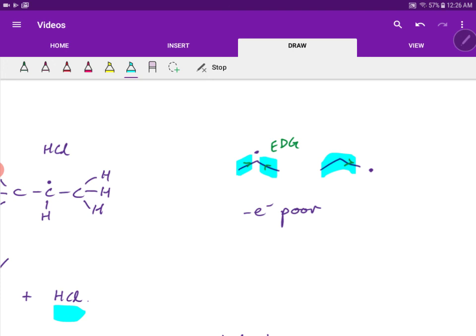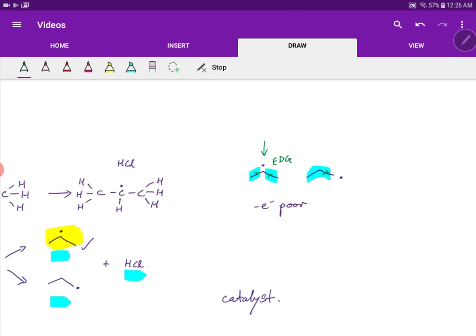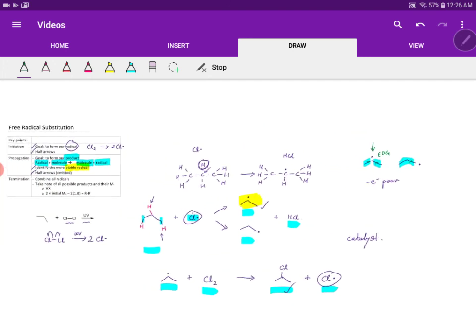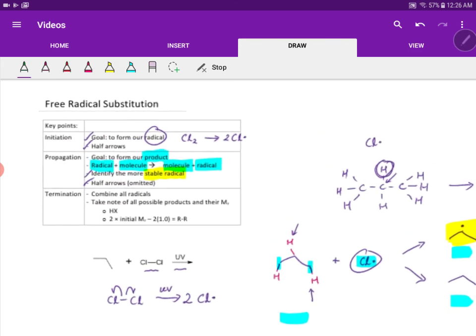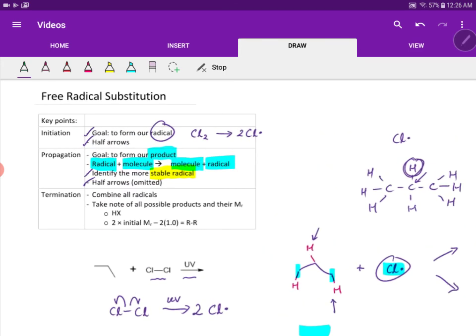This means that the secondary radical, the one on the left, is more stable because it is less electron poor. This is how we can answer the first two steps of this mechanism: initiation and propagation.